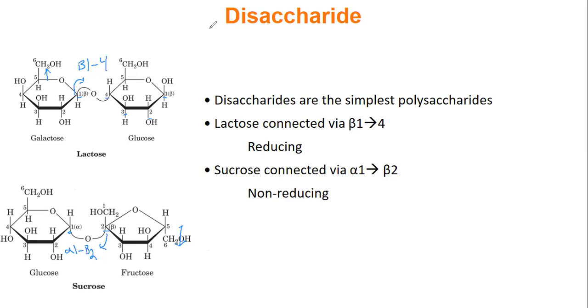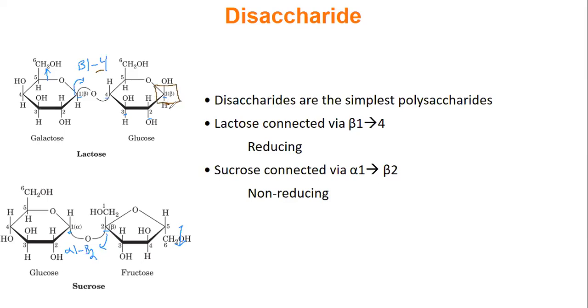All right, so this is something that confuses people every year. So let me touch on it. You only use the alpha and beta designation if your anomeric carbon is part of a glycosidic bond.